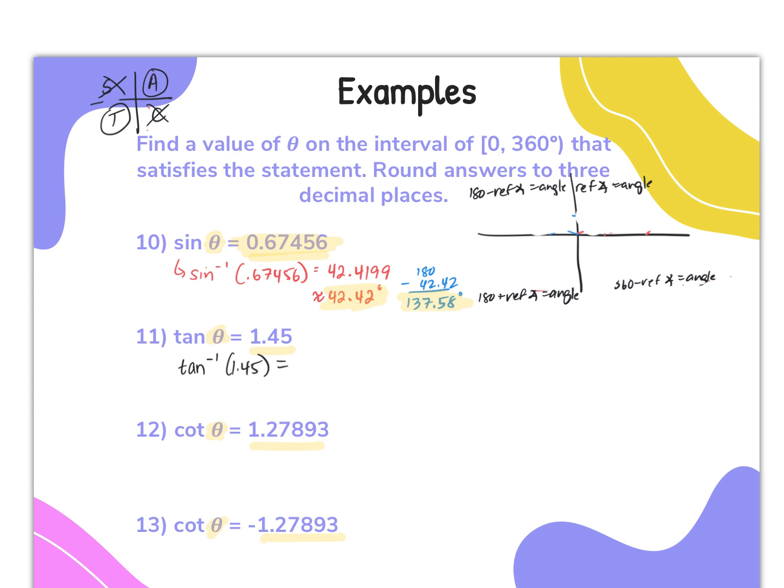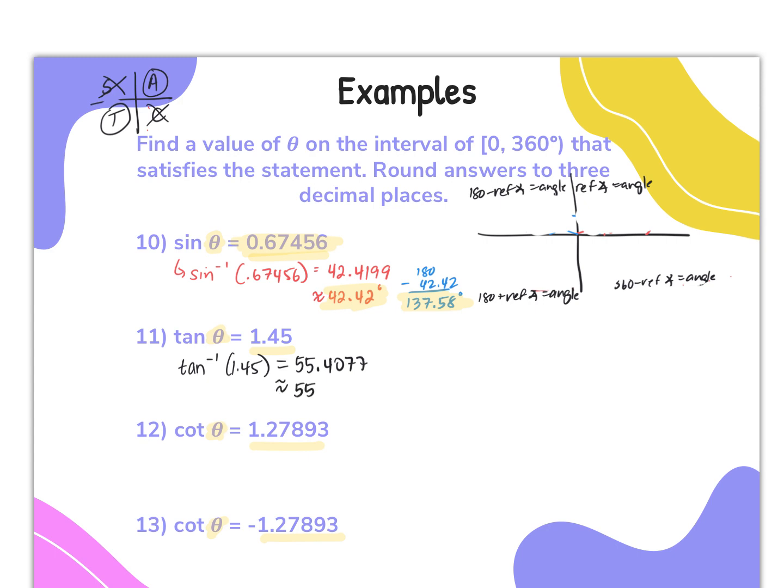My calculator doesn't want to work, sorry guys. Inverse tangent. Okay, so I have 55.4077. And again, they want me to round to 3 decimal places, right?